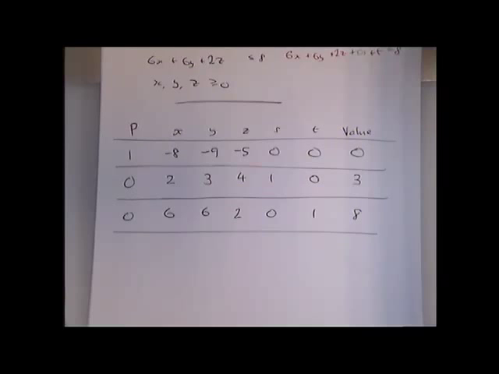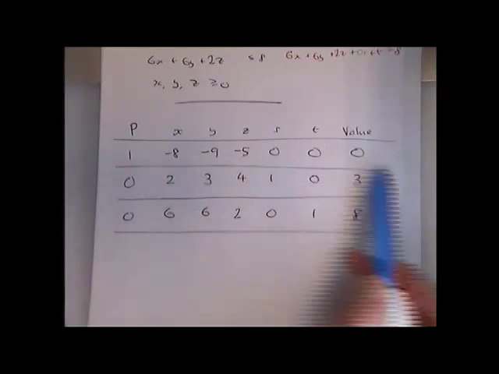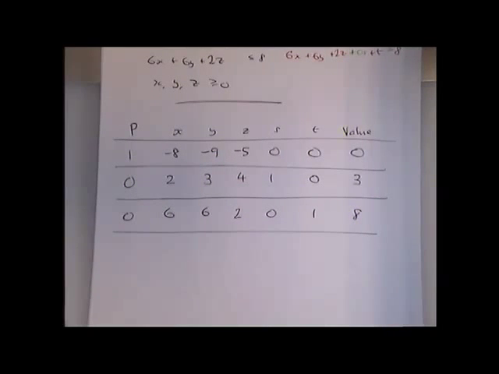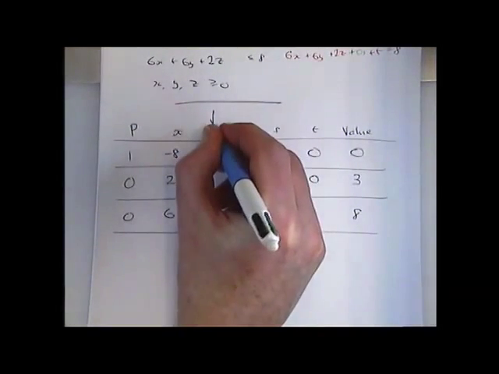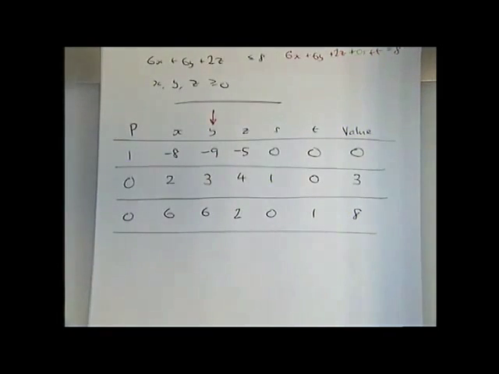How do we identify our pivotal column? It's something to do with the top row, the top number row. Most negative, yeah. The most negative value is in that column there, so that will become our pivotal column.